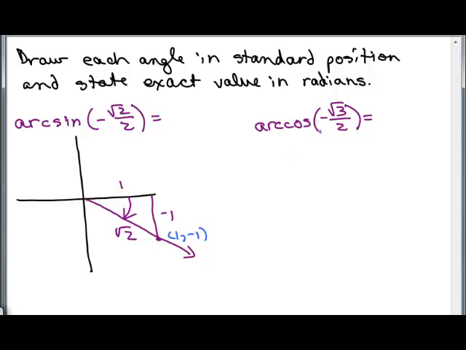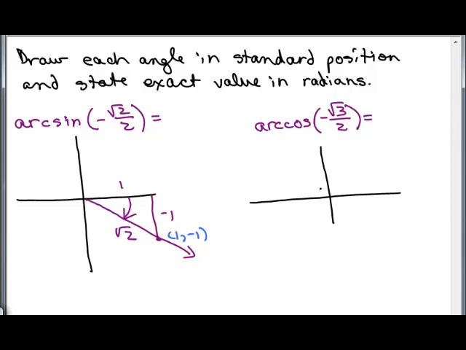Now we're doing arc cos of negative square root of 3 over 2, and remember the inverse cosine, or the arc cosine, is defined between 0 and pi. So that's going to be a positive angle, and since the cosine is negative, it must be over here in quadrant 2, where the x coordinate would be negative square root of 3 and the radius would be 2.